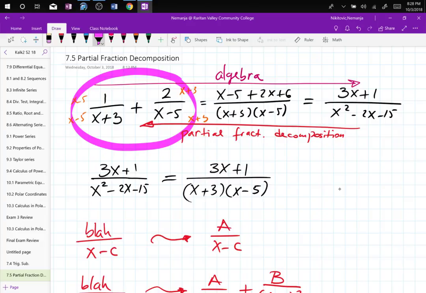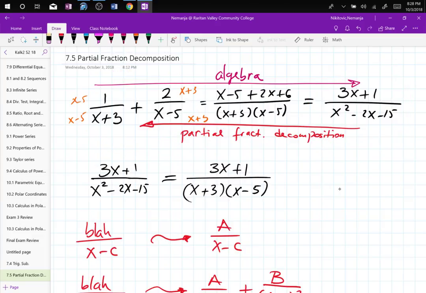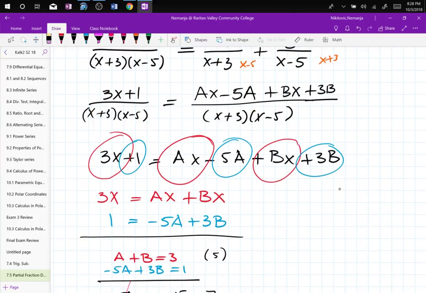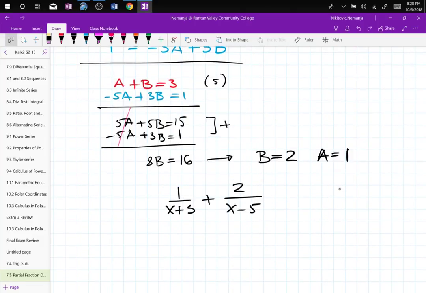So the process for decomposition is not as easy and trivial as the algebra process. The addition process is going to get us a common denominator and all of that stuff and get us here. And for the partial decomposition, we have a lot of stuff that we have to do to undo this.